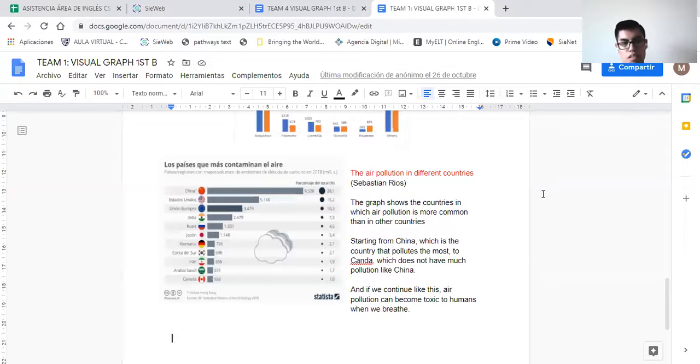And Canada does not have the same quantity of air pollution because Canada doesn't produce many petrochemicals and tries to avoid chemical waste and to solve the earth's problems and to plant trees, and this is the difference between China and Canada.